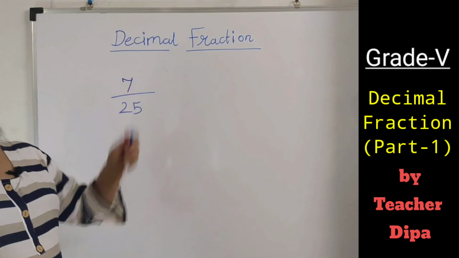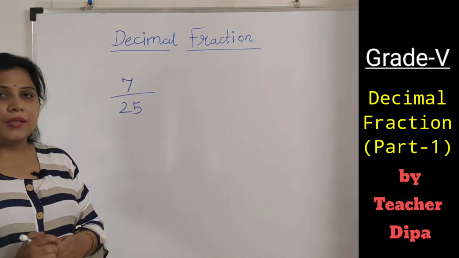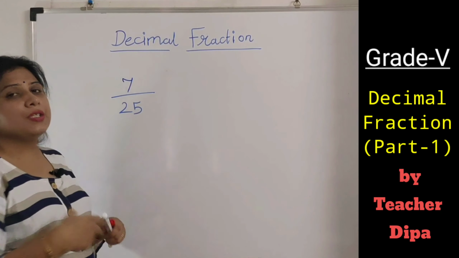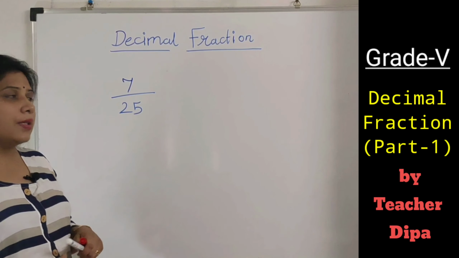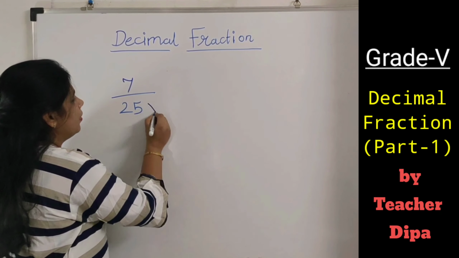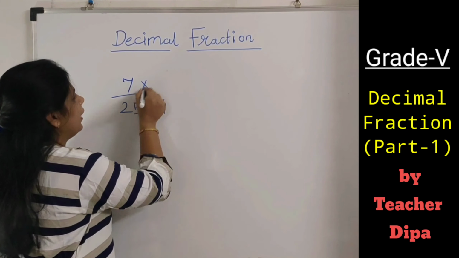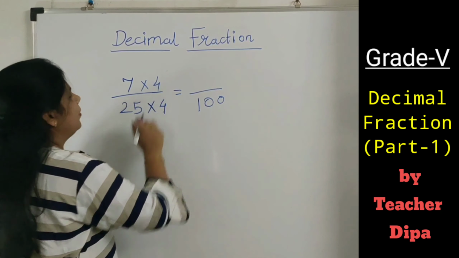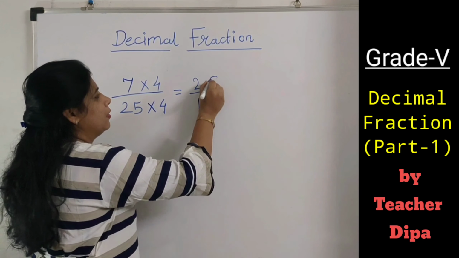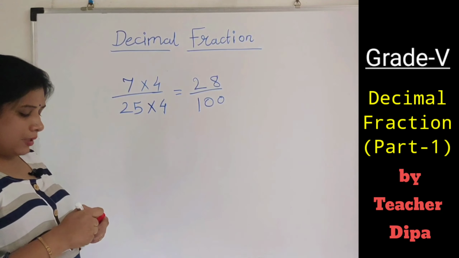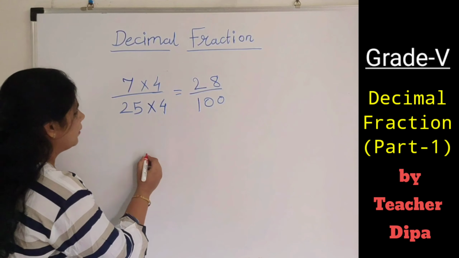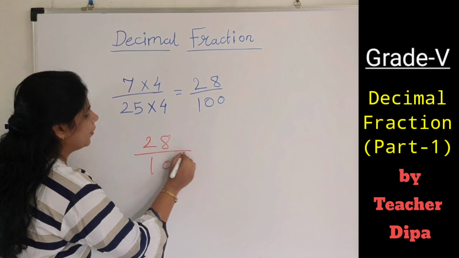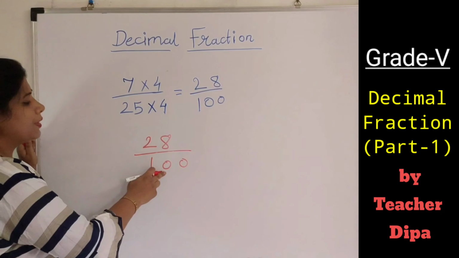Now you have to convert this number into its decimal. As we talked about, the denominator should change into a multiple of ten. So this number will be multiplied by 4, then we get the multiple of ten, that is 100, and the numerator will become 28. Now with the simple method, we take 28 upon 100 and count the zeros over here.